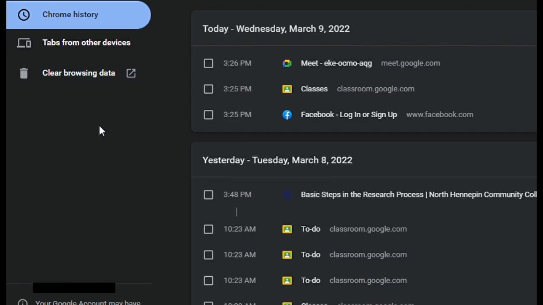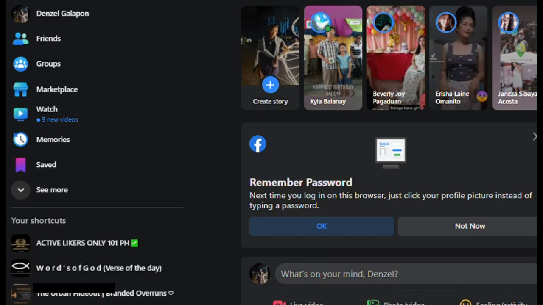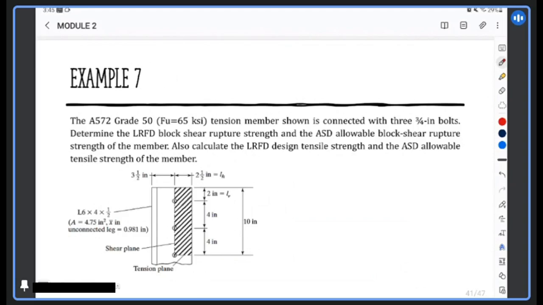Example 7. If we have an A572 grade 50, that's Fu equal to 65 ksi. A572 is 50 ksi. Convert 50 ksi to MPa. Kakalimutan ko yung conversion. Nasa module 1 nyo lang yan, no?